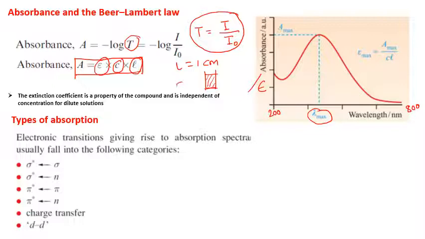So radiation will go. This is the intensity of the incident radiation I0, and this is the transmitted radiation, I. So from this I0 and I value you can calculate the absorption value. Using these two formulas you can understand that absorption is a unitless, dimensionless quantity, there is no dimension.